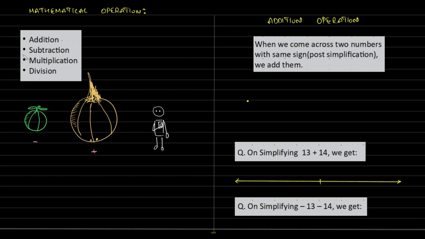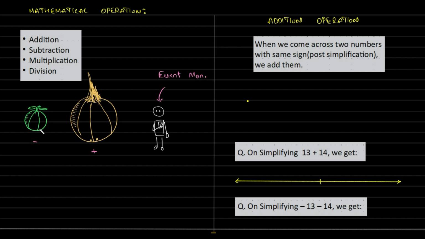Right? So here I have taken a particular scenario. Using that scenario we'll understand the operations of addition and subtraction. You have a person who manages events, an event manager.